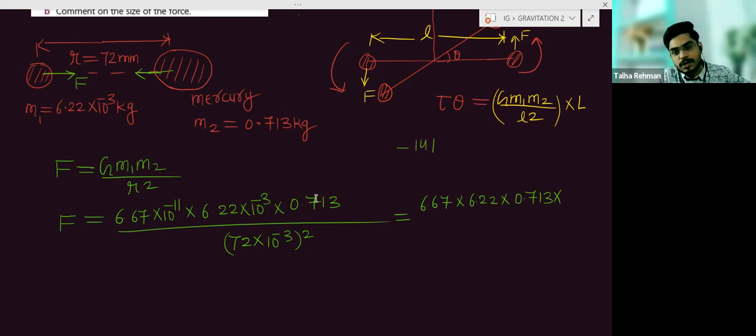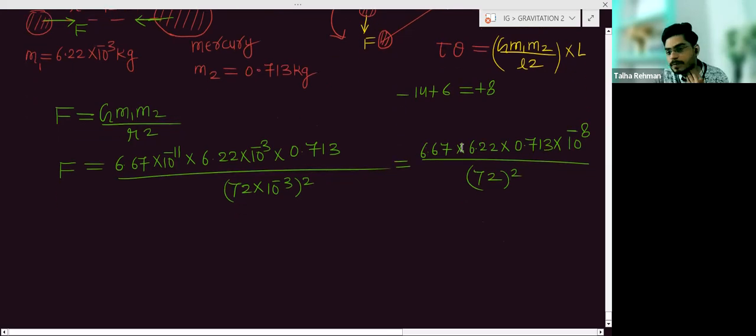So minus 14 plus 6 is equal to minus 8. Sorry, it will be 10 to the power minus 8. So this will be divided by 72 square. Now, Shafruddin, please do this calculation by your calculator.